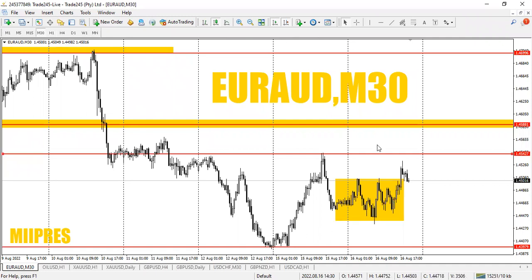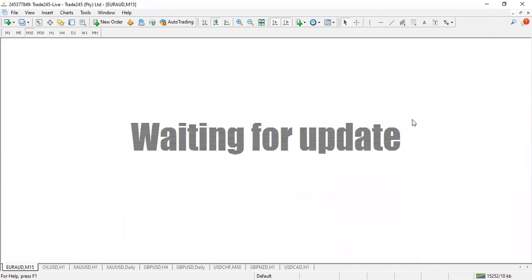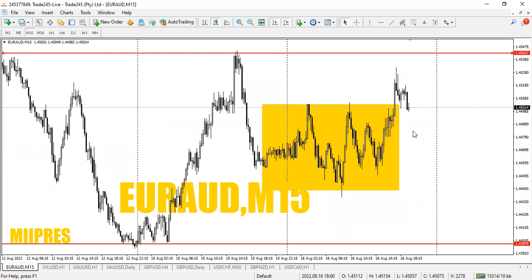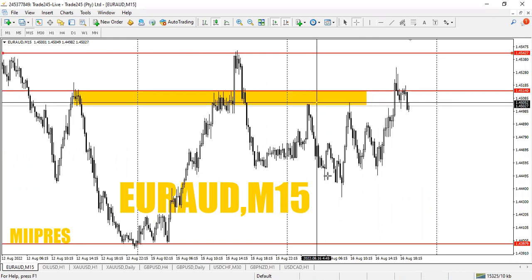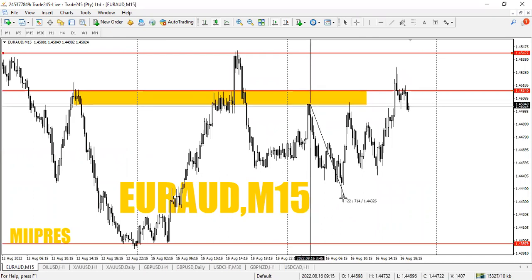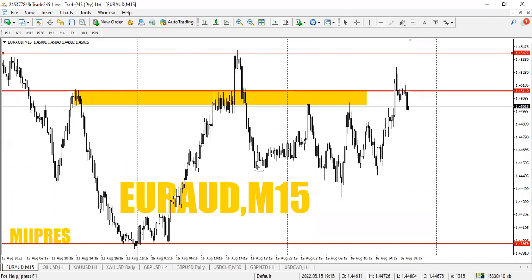If you zoom into M15 and you're scalping it, obviously you will make some money on it. From there to there, you could have made over 70 pips.